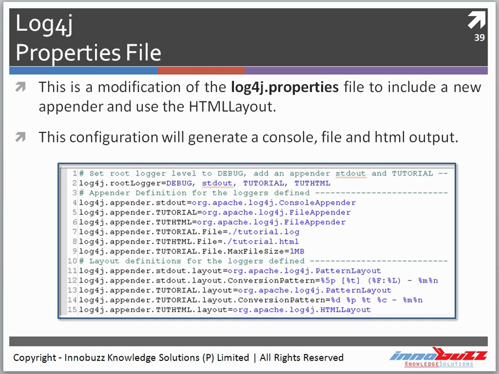On line 2, we have added a new appender called tut.html. This is a file appender, and the name is tutorial.html, defined on line 8. At the end, on line 15, we have defined the layout for this appender using the HTML layout.